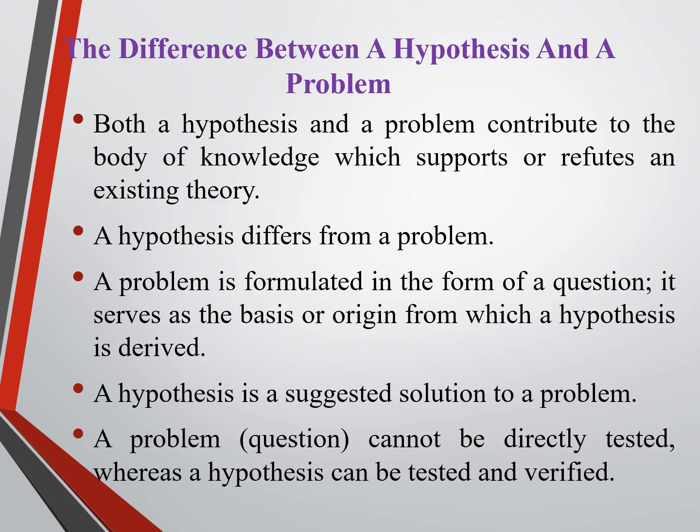So both the hypothesis and the problem statement contribute to the body of knowledge which supports or refutes the existing theory. So as a doctoral student, we are not bound to accept. We should not worry if our assumption or educated guess is not accepted. It is acceptable.